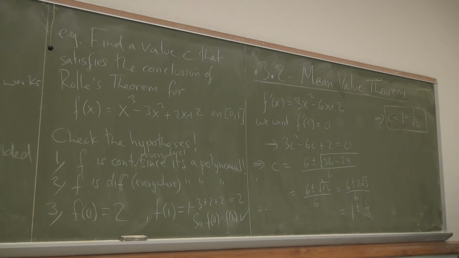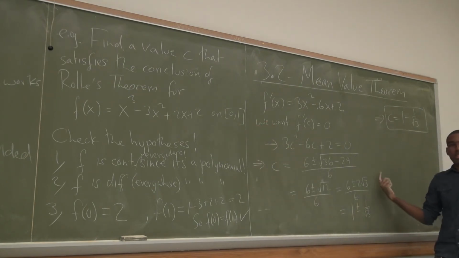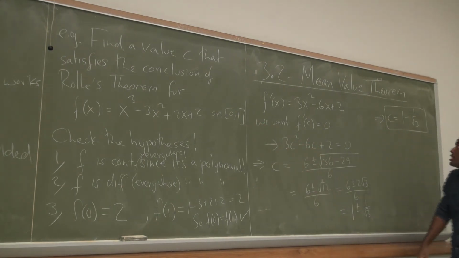Why didn't I take the plus? Because I need to be in that interval, right? If I take 1 plus a positive number, I get outside of the interval 0 to 1. That one doesn't work. How do I know this one works? Well, radical 3 is bigger than 1, which means this whole thing is less than 1. So I take 1 minus a value less than 1, I'll get some positive value between 0 and 1.